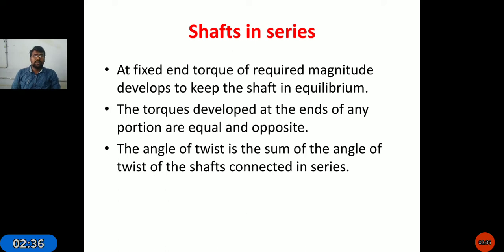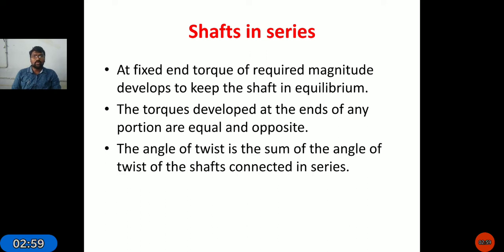At the fixed end, torque of required magnitude develops to keep the shaft in equilibrium. The torque developed at the ends of any portion is equal and opposite.